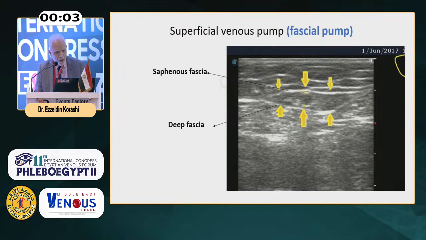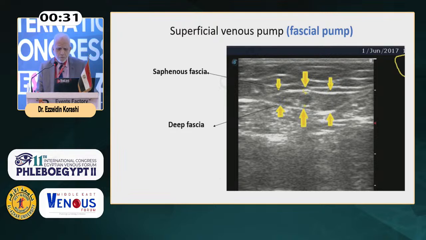To start with, I want to stress that everything I'm telling you is very controversial. Even some people deny the presence of this fascial pump. But all of us now are doing duplex ultrasound, and we find those nice two layers of fascia: a very strong posterior deep fascia, and a thinner saphenous fascia, and the great saphenous vein is in between.